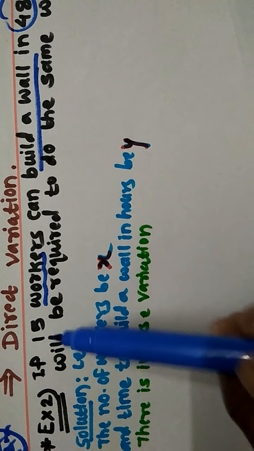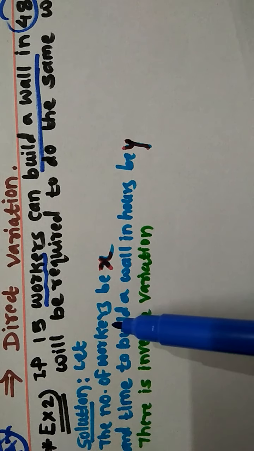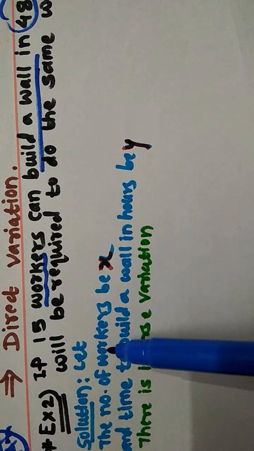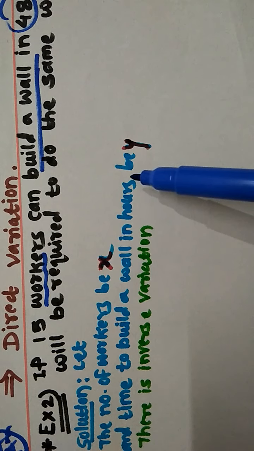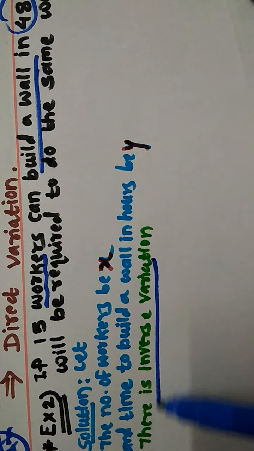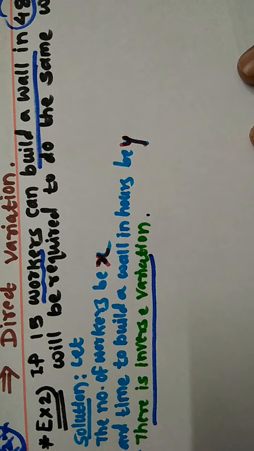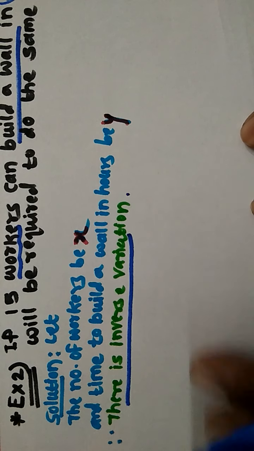Remember that as the workers increase, the time to build the wall in hours y decreases, means there is inverse variation between the number of workers and the time taken to build the wall in hours. First you identify the given variation.